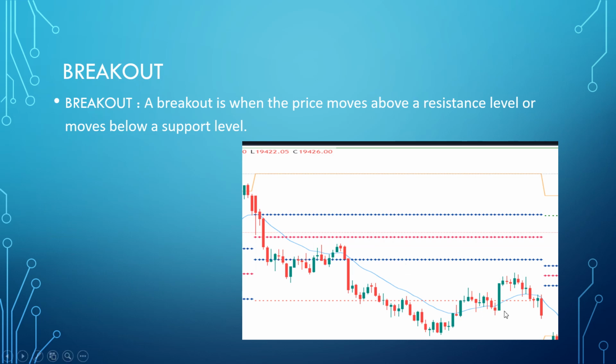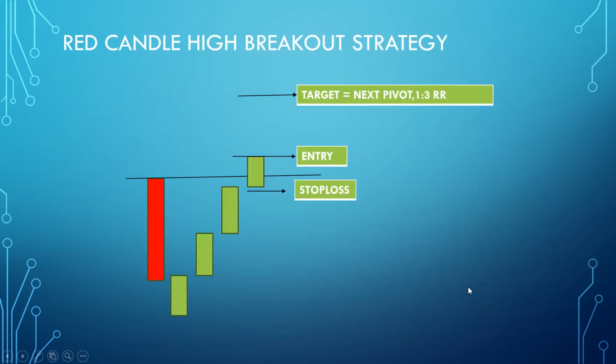Okay, now let's get into the main part of the strategy: the red candle high breakout strategy. For example, if you see here, the Nifty is in the downtrend. Think like this: Nifty is in the downtrend, and on the day the first 5-minute candle is a big bearish candle like this. What is the first impression you get while the Nifty is in the downtrend?